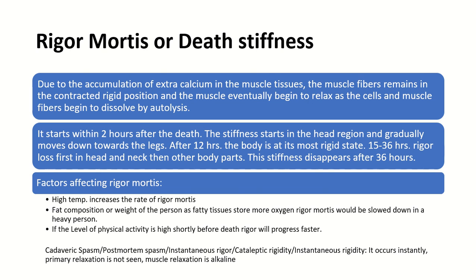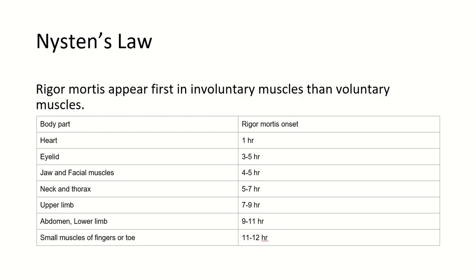This type of process is known as cadaveric spasm. It occurs instantly. Primary relaxation is not observed. Muscle reaction is alkaline.